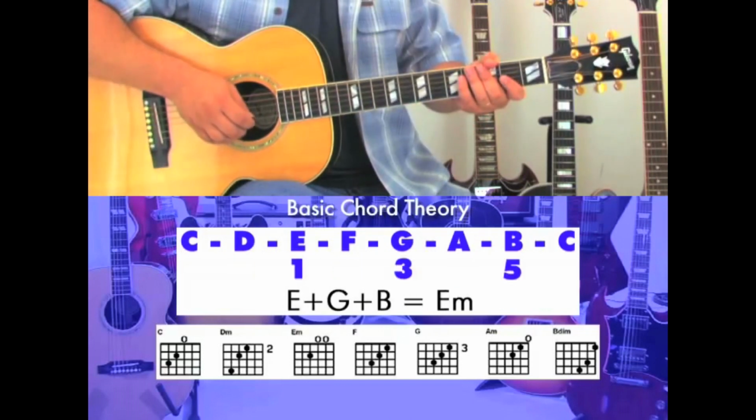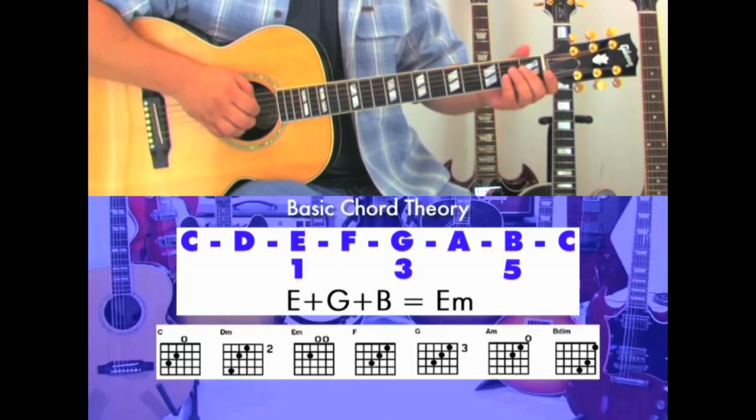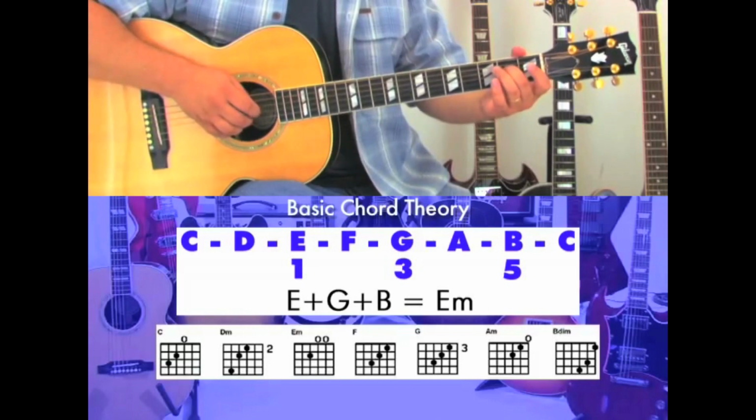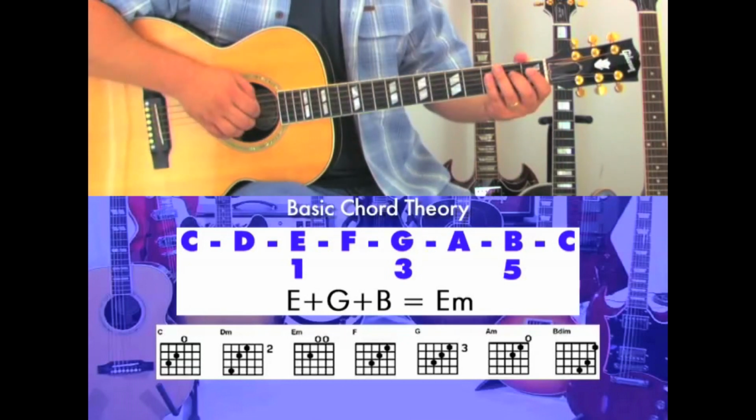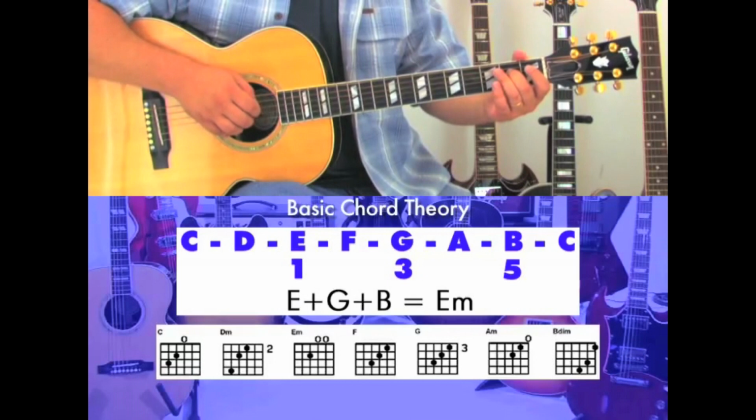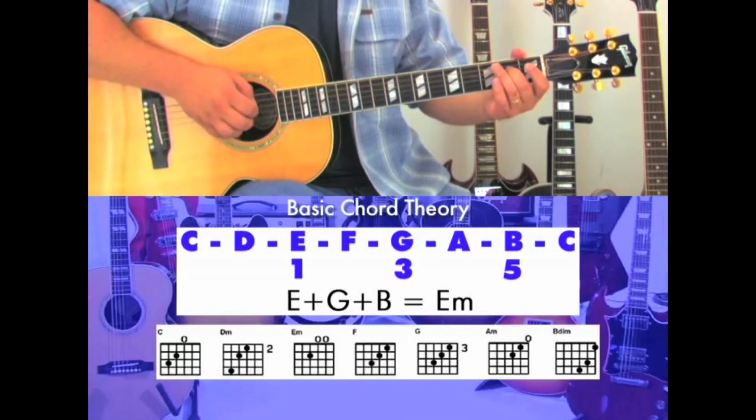To build the third chord in the key of C, start with E. When we apply the 1-3-5 chord formula, E is our first or chord root note, G is the third, and B is the fifth. G is a minor third or 1.5 steps from E. So our third chord in the key of C is E minor.